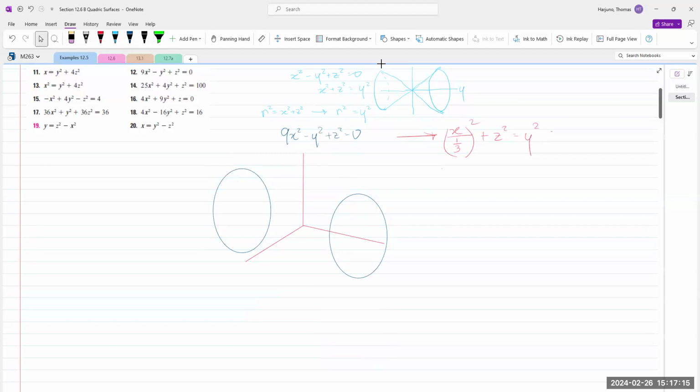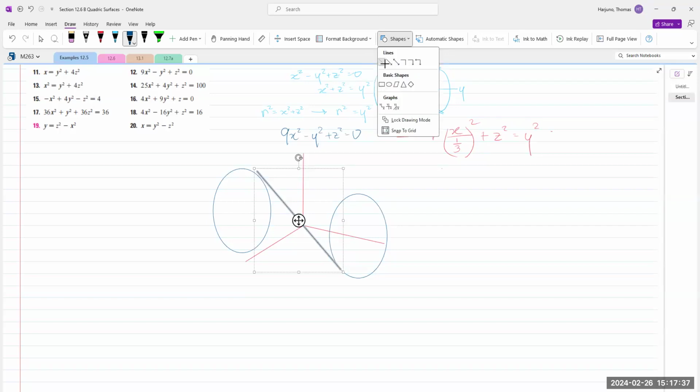Sorry, it takes some time to actually sketch it out. So kind of a cone like that.